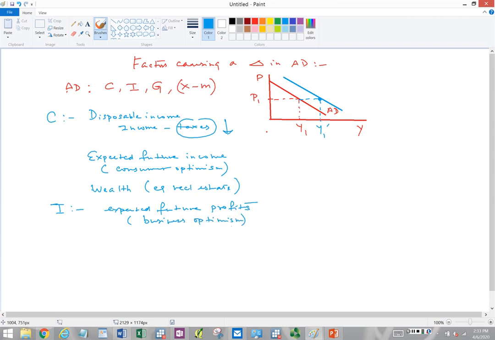Other factors might be, for instance, business taxes. Businesses pay taxes as well. So if these taxes were, for instance, to go down, that would leave businesses with more of their current sales revenues with which to go shopping for new machinery, right?